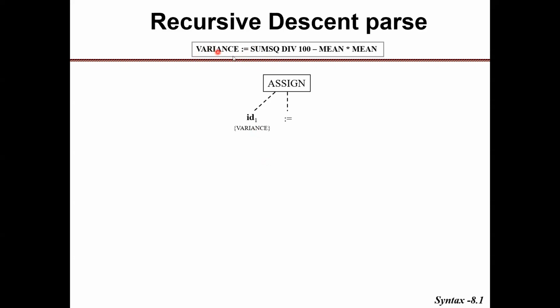It's a char array, as you probably recall from the first phase of our compiler, where we're just reading in symbols and classifying them. In this case, this fits the definition of an ID. So the first thing we're going to have to do is recognize an ID. So we have these symbols, variance, which then gets classified as an ID.